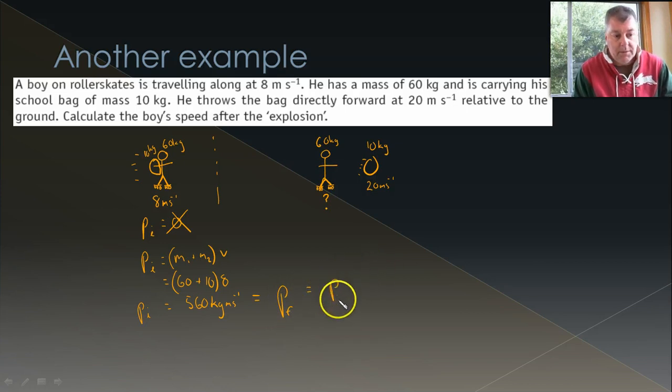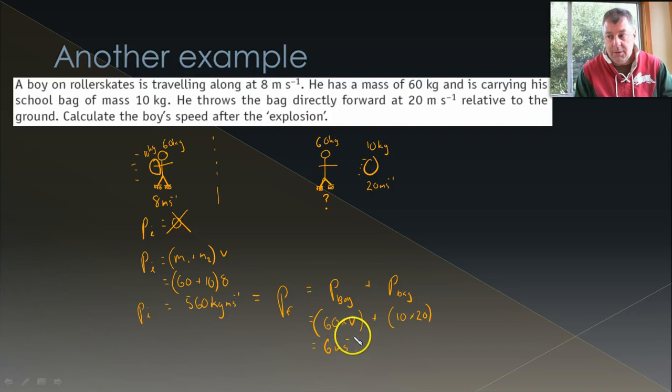It's going to be the momentum of the boy plus the momentum of the bag, and the momentum of the boy is going to be 60 times by V, let's put that in brackets, plus, and we know the momentum of the bag, it's going to be 10 kilograms times by 20, and so if we move all that around, remembering that this equals 560, so we can solve that, and we would get a V of 6 meters per second to the -1.